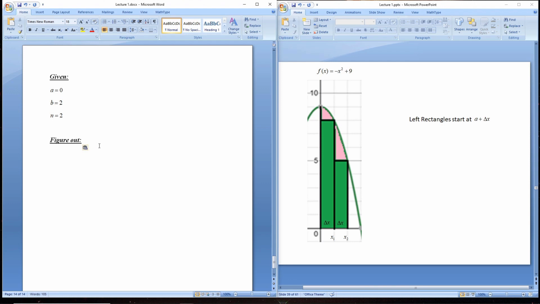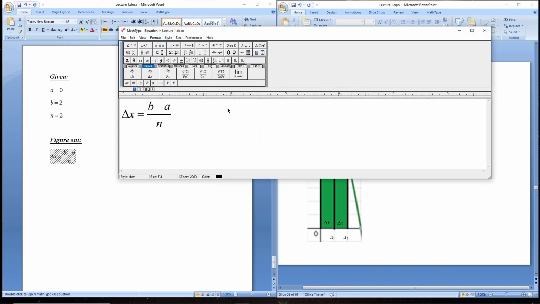And usually the easiest thing to start with is delta x. So we know that delta x is b minus a over n. This is always the expression for delta x. So let's look at the information we have. We are told here that b is 2 minus a, which is 0, over n equals 2, which then tells us that delta x must be 1.